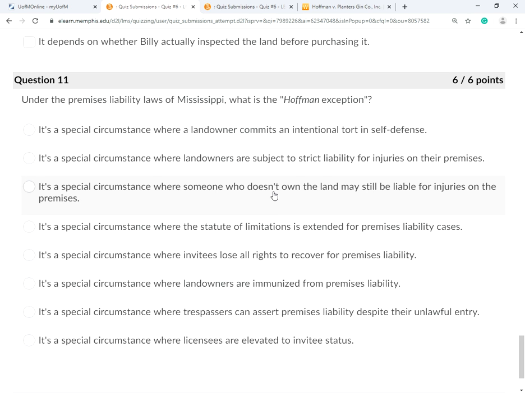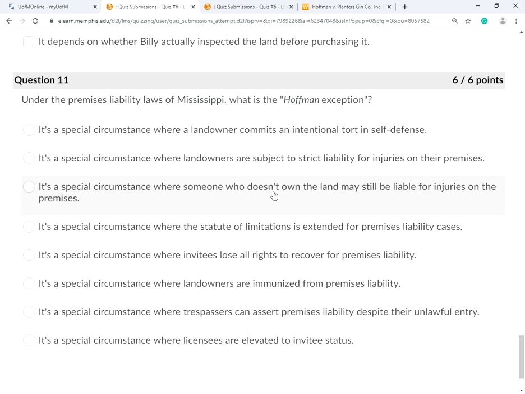It's a special circumstance where someone who doesn't own the land may still be liable for injuries on the premises. And that didn't make any sense because we're dealing with premises liability specifically for this chapter.